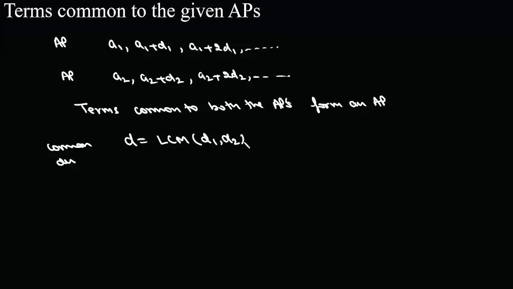So the terms which are common to both the APs, they'll also form an AP, and that common difference will be LCM of common difference of the two given APs. And by observation or by using initial few values, we can calculate this A, which is first common term. And once we have first common term and common difference, then we can solve whatever is desired in the given question. So let us take one example.